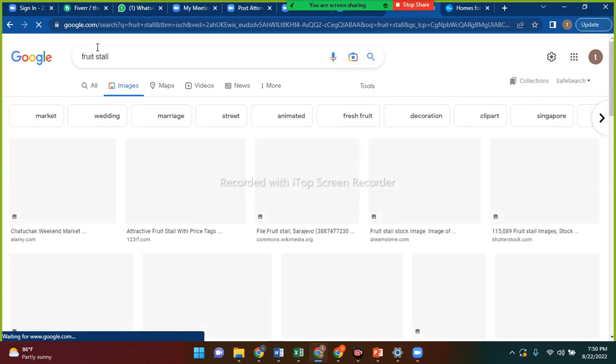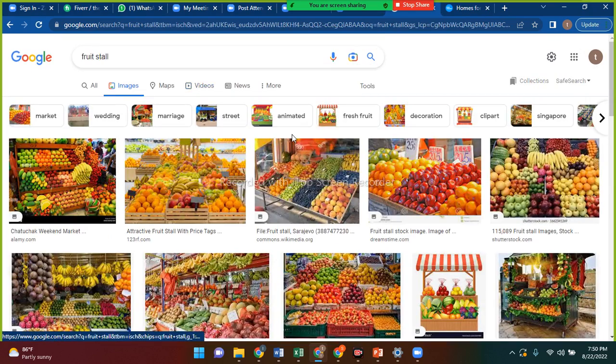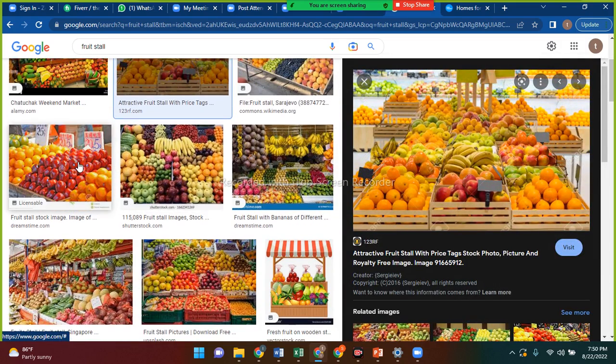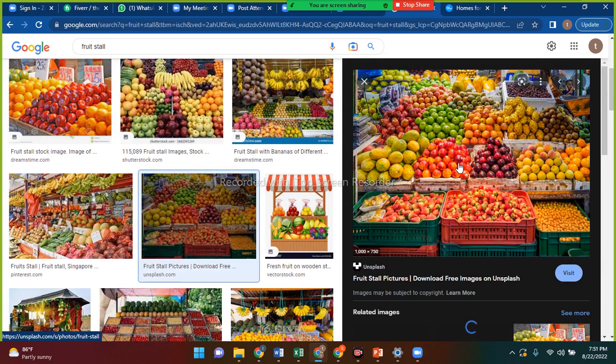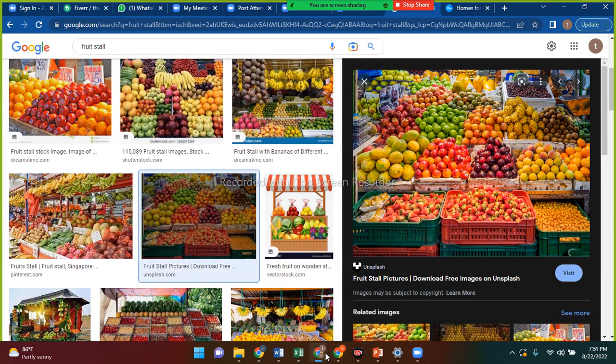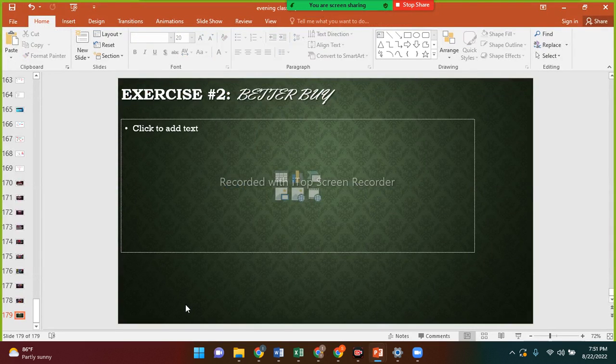I just want fruit stalls. Let's see what they're doing. Okay, not bad at all. So this one looked pretty, but it has all types of things on it. So we're going to try this fruit stall, and it's interesting fruits.